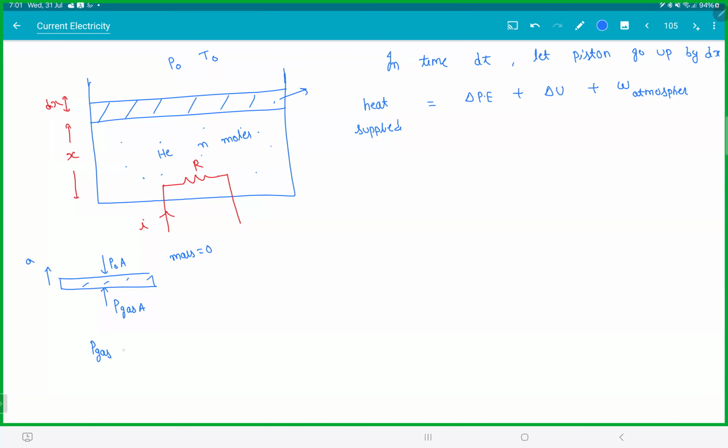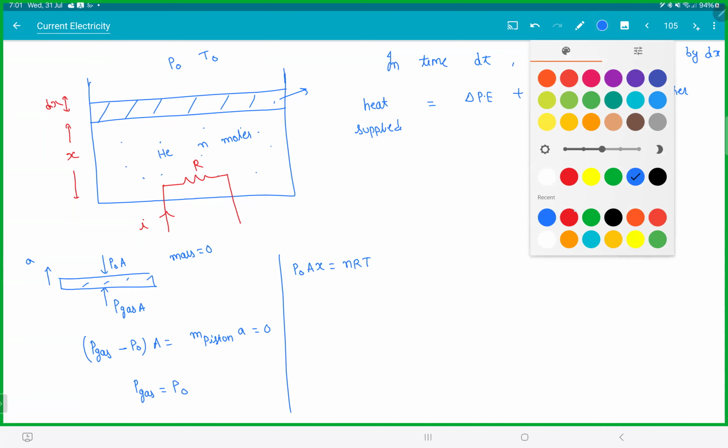So P gas minus P naught into area is equal to mass of the piston into acceleration of the piston, which is 0. So pressure of the gas is P naught. The pressure is constant. It's an isobaric process. Then we get P naught into A into X is equal to nRT. This is your temperature as function of X.